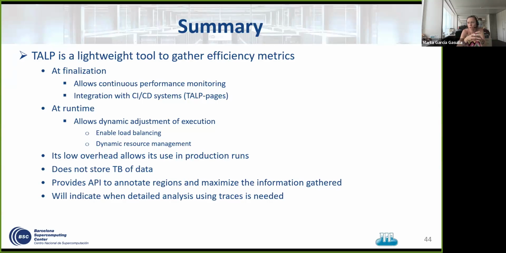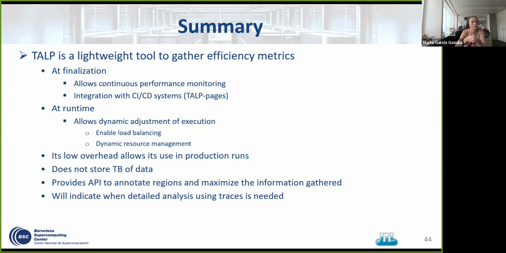So you have your production simulation that you want to run, and you can run it with TALP and get at the end how well you're using the resources to know if you can scale one step further, for example. We don't store a lot of data because we are gathering all the data during the execution.